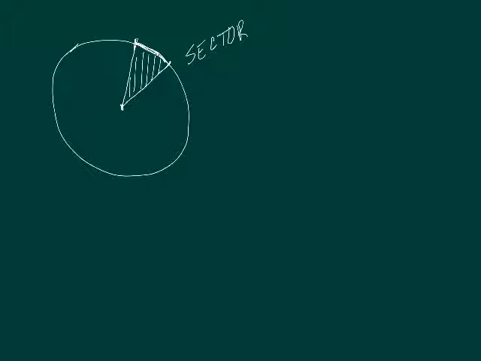Alright, so one of the things I want you to notice is the degree of the arc is the same as the degree measure of the central angle. So if this angle right here was 20, then the degree of the arc is also 20, as long as the vertex of this angle here is at the center point.